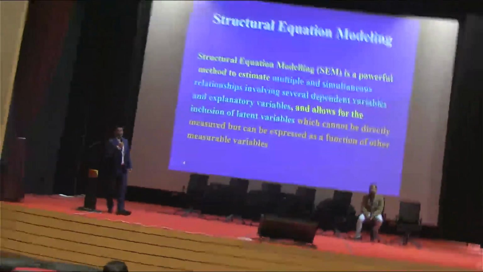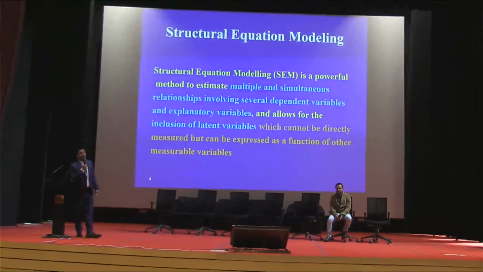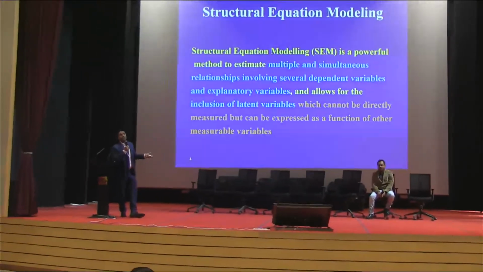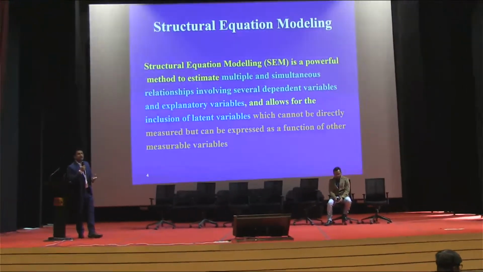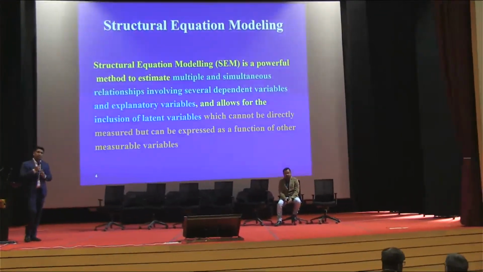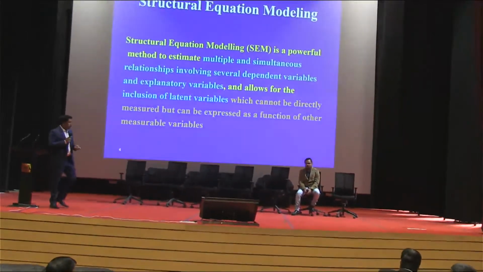A confirmatory factor analysis model. There, we simply try to find out whether the observed variables have any relationship with the unobserved variables, or in which manner they are related to them. So a lot of things can be tested with the help of structural equation modeling.